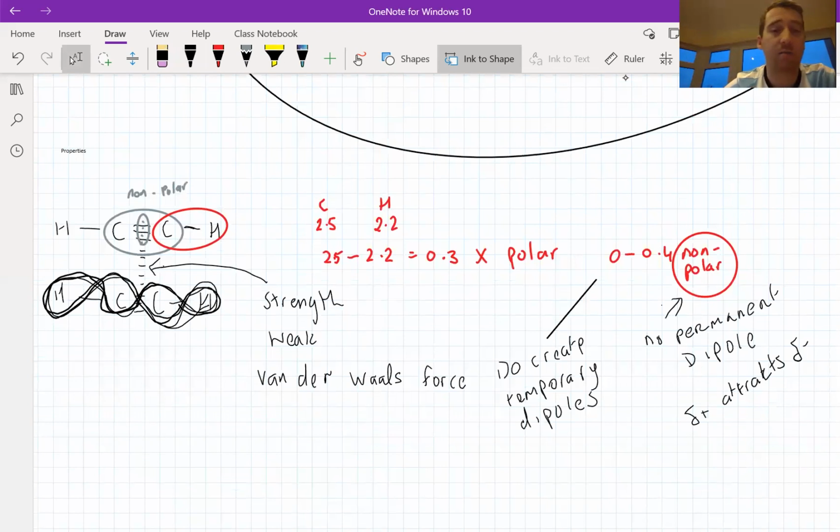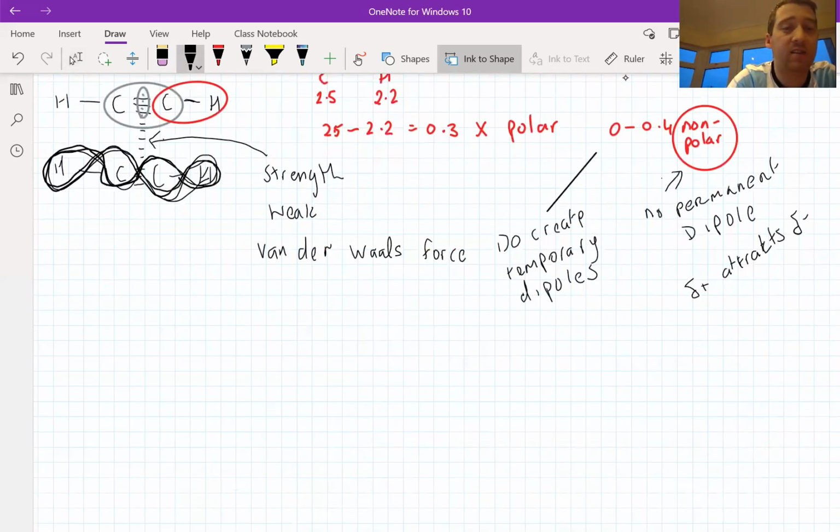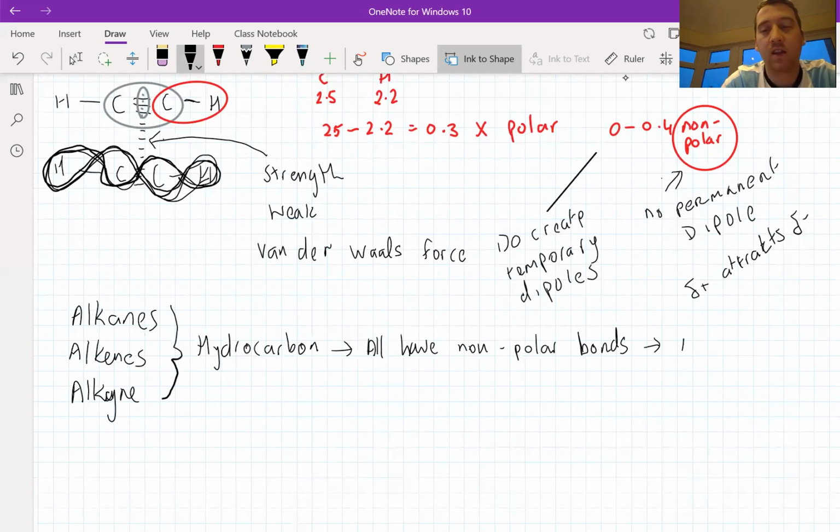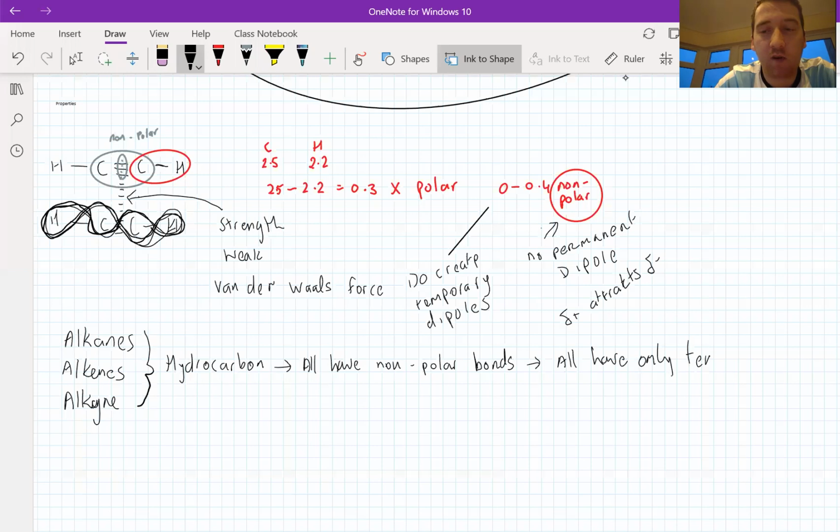So that's the first point to make: alkenes and alkynes, they're all hydrocarbons, only hydrogen and carbon. They all have non-polar bonds, which means they all have only temporary dipoles.